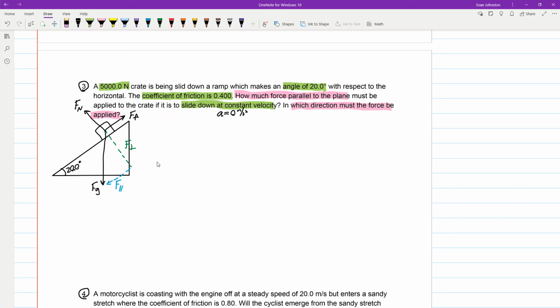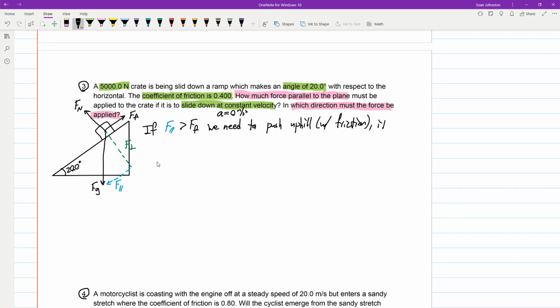So we have no acceleration, so we stay at a constant velocity is the whole idea. If force parallel is greater than force friction, we need to push with friction. We need to push uphill, that means with friction.